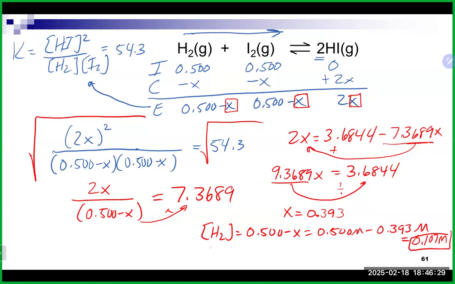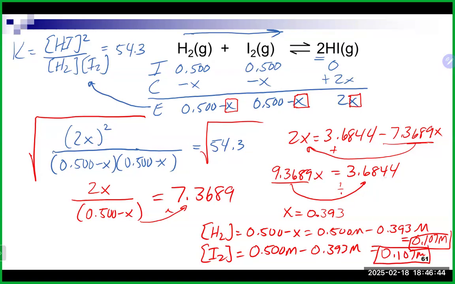Our I2 will actually be identical to that. So our I2 will also be 0.5 molar minus 0.393 molar. That will also equal 0.107 molar.